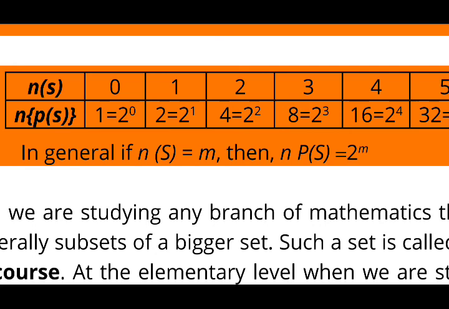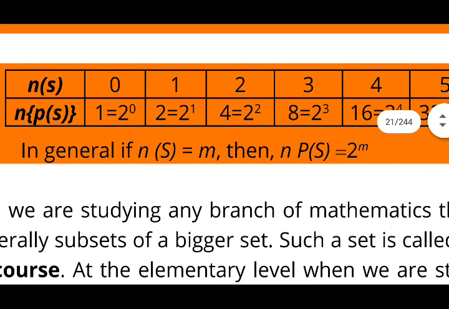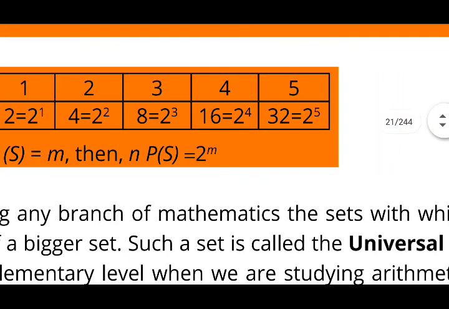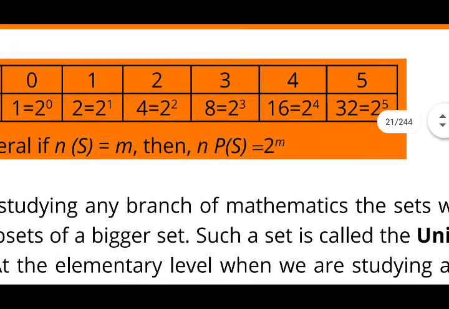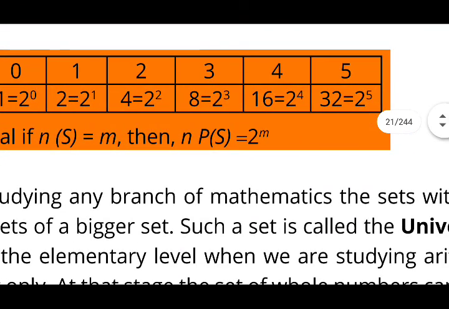If a set contains one element, 2 raised to power 1 is equal to 2. If a set contains two elements, 2 raised to power 2 is equal to 4, and so on. And we develop a formula: if a set contains m elements, then its power set contains 2 raised to power m.